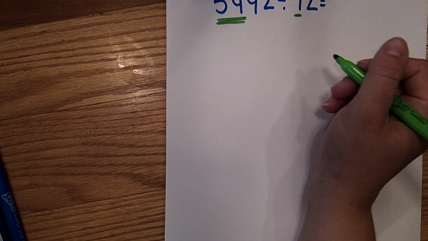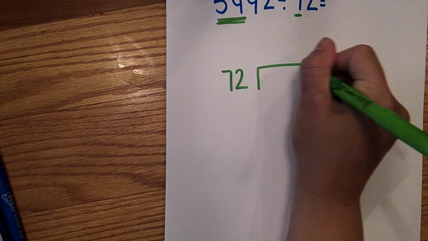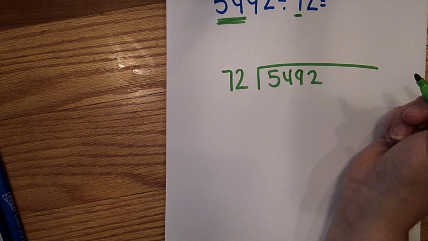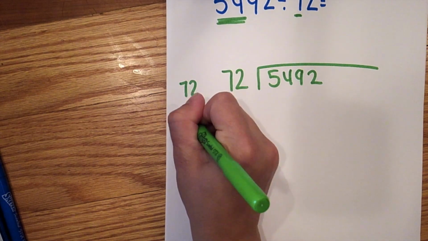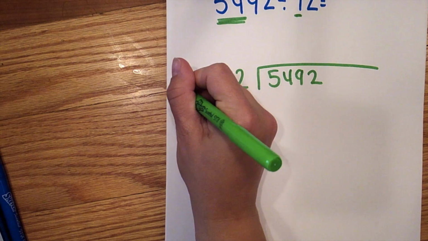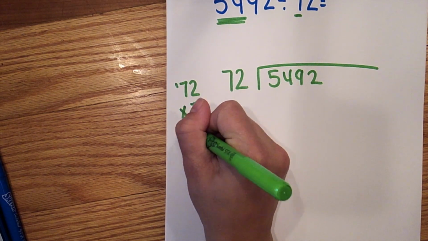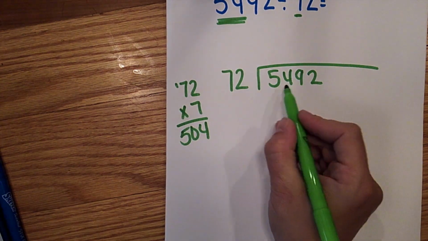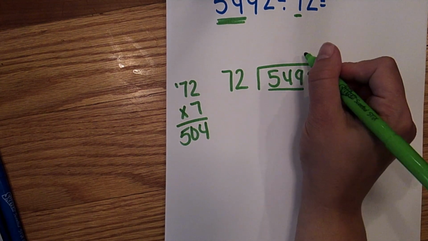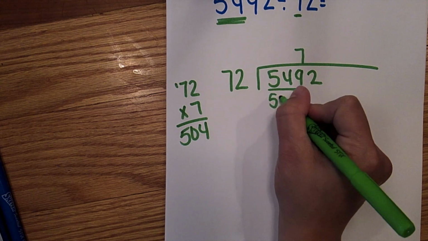So that's going to give me something pretty close that when I start this long division process, I can come off to the side and say 72 times 7 is 504. 504 is smaller than this part of the number, and so I'm going to go with 7.